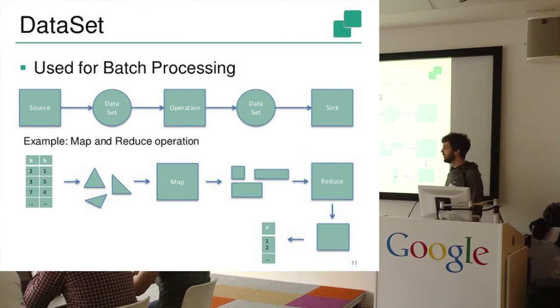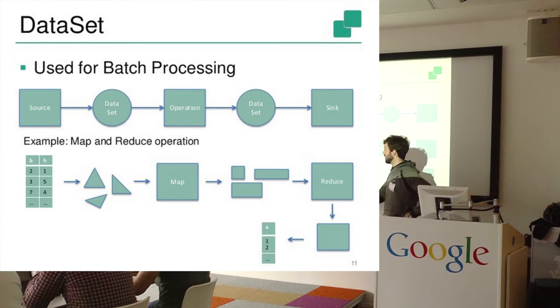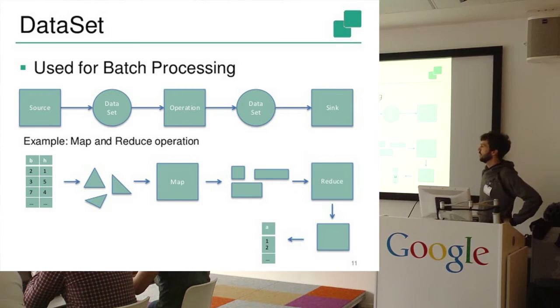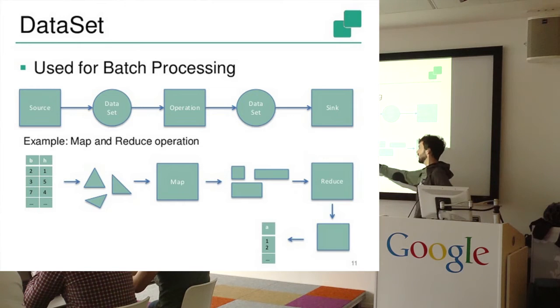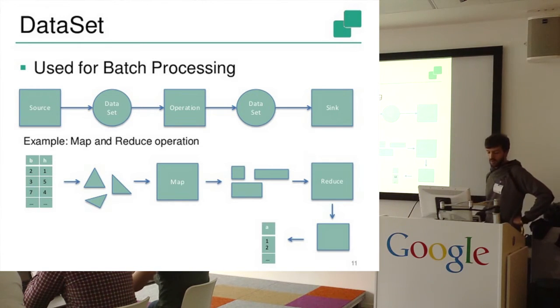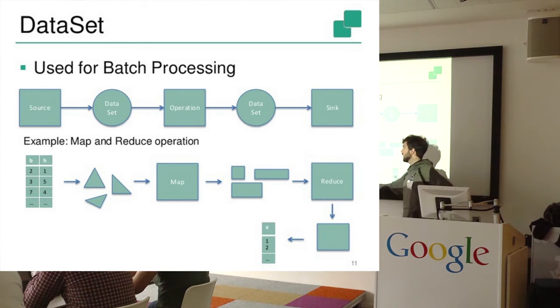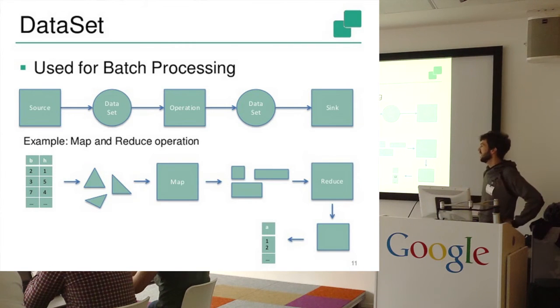So a very simple example here. It might be maybe too simple for you, but here we have, for example, a file with a list of triangle data, which consists of a triangle base and height, and that would be the source. If we executed this, we would have the triangles in our data set.